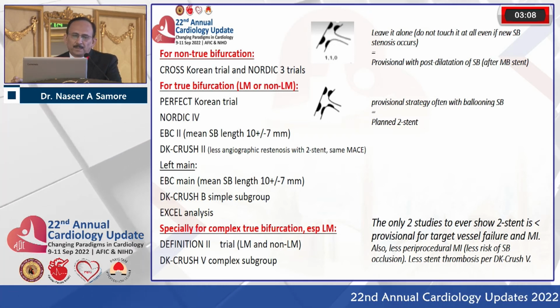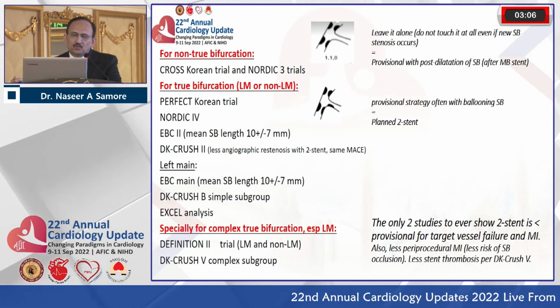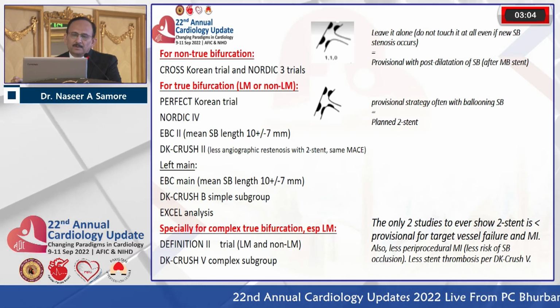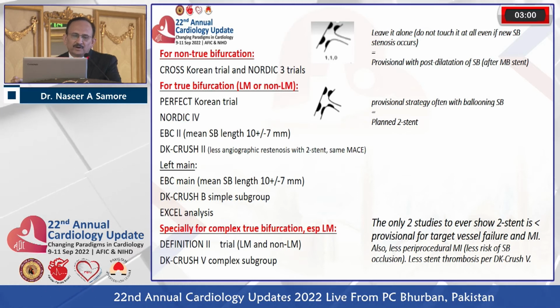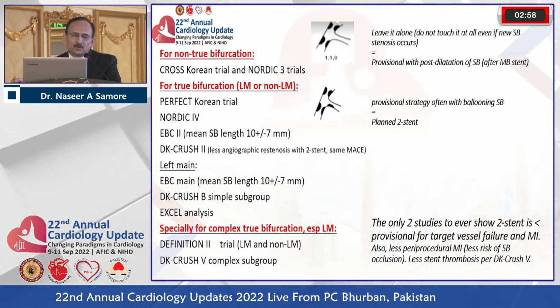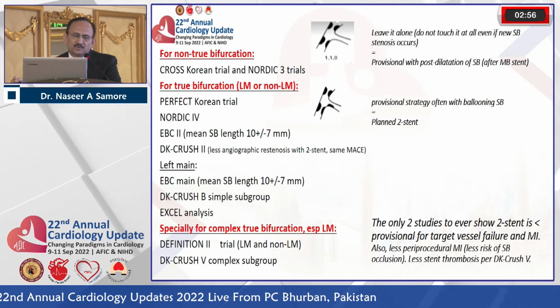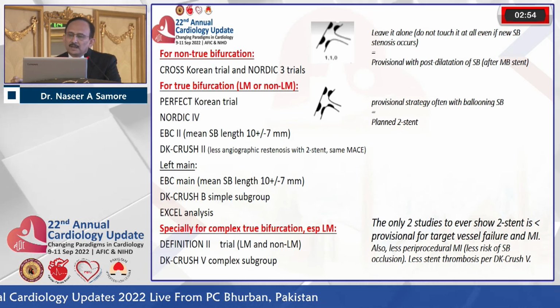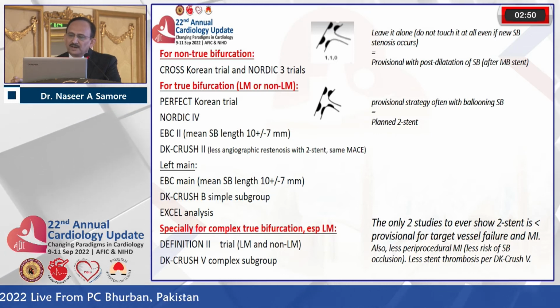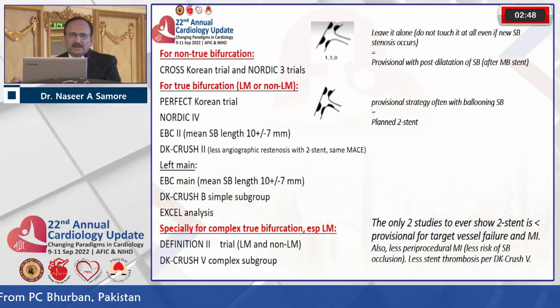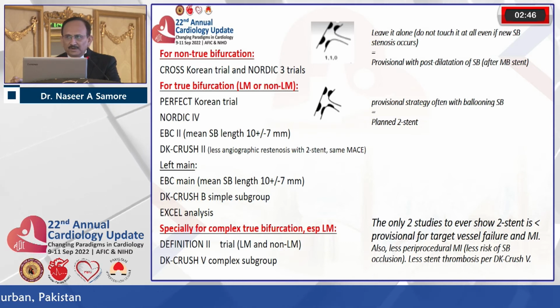And in true bifurcations, these trials like Perfect, Korean, Nordic 4, European Bifurcation Club 2, DK Crush 2, compared the provisional strategy, often with ballooning of the side branch, with two stents, and both approaches showed similar results.